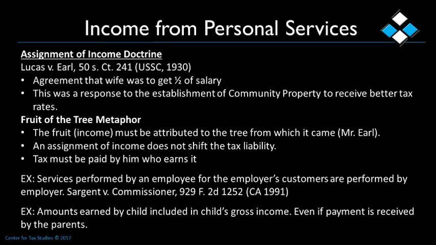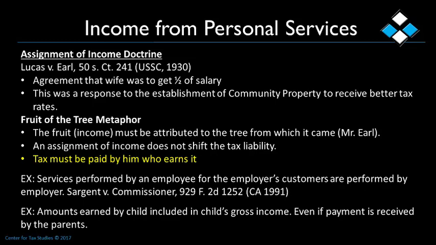What it says is that fruit must be attributed to the tree from which it came, or in other words, the income must be attributed to the person who earned it, or in this case, Mr. Earl. So an assignment of income does not shift the tax liability. Tax must be paid by him who earns it.